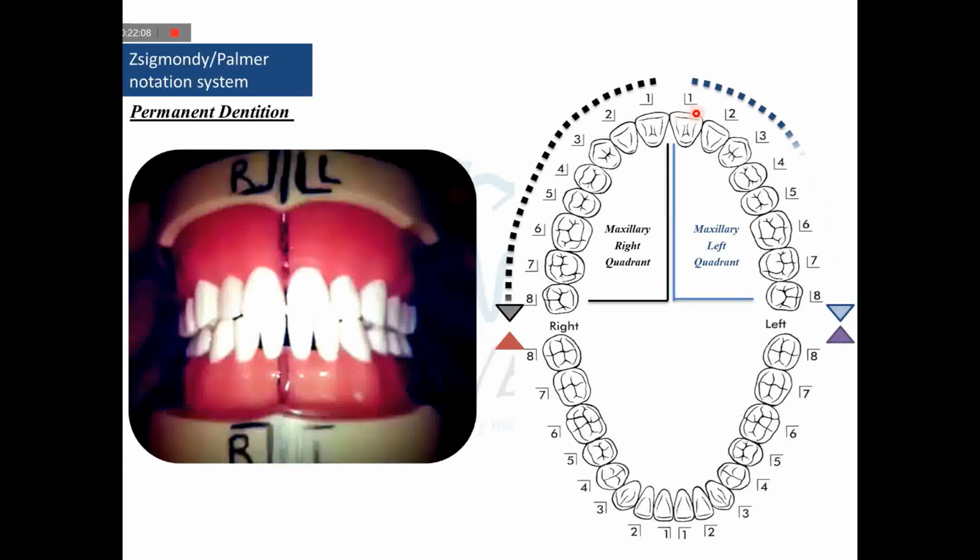Now for the maxillary left quadrant, we draw up an L kind of shape to represent the left quadrant. So in that quadrant shape, we number each of the respective teeth away from the midline.